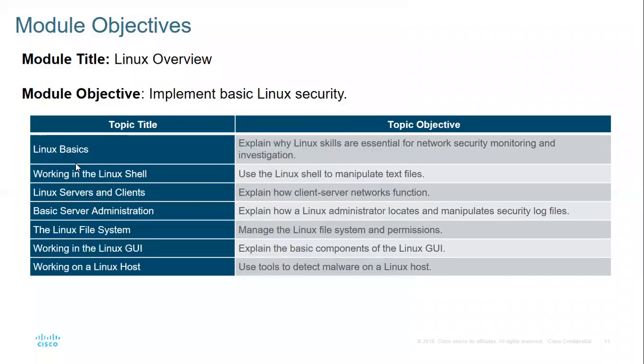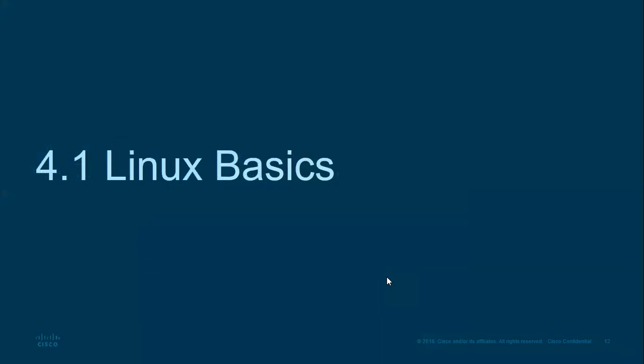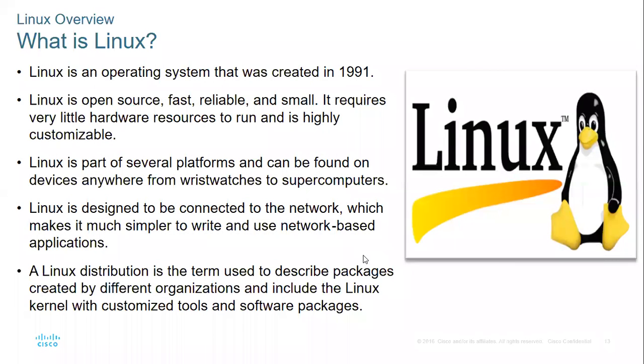At the end of this title, you'll be able to explain why Linux skills are essential for network security monitoring and investigation. Working in the Linux shell, you'll be able to use the Linux shell to manipulate text files and so on. Okay, so we'll start with Linux basics.